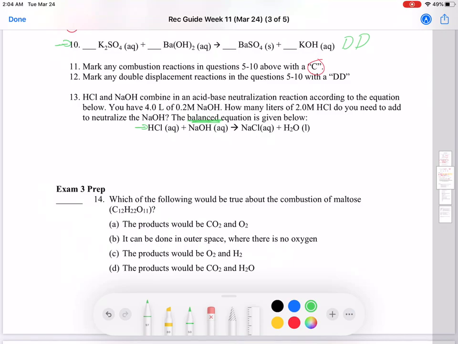So now let's take a look at that. To start with, they are telling me that for sodium hydroxide I have 0.2 molar, and I have 4 liters of that 0.2 molar solution. We need to consider, in this case, the proportion, or the ratio, of the reaction.